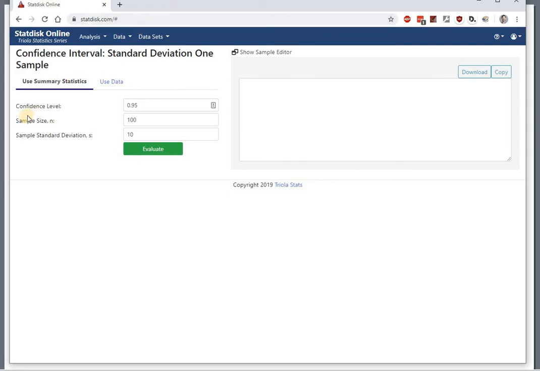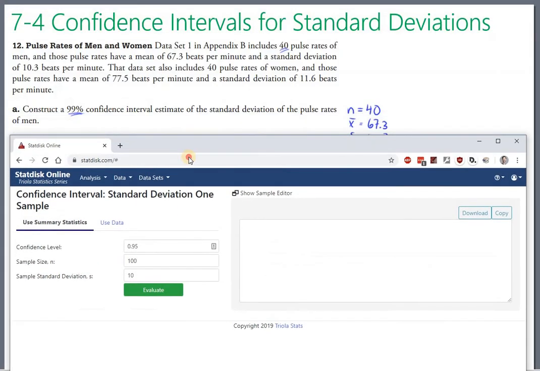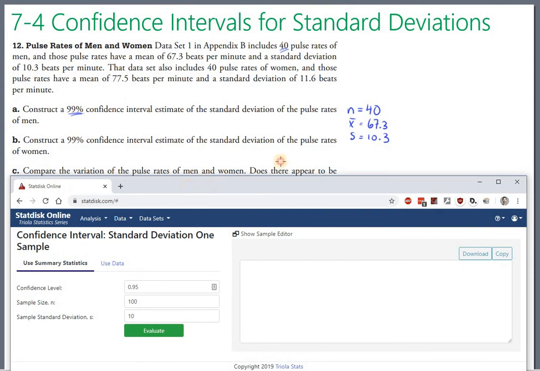But look what they're asking for. Confidence level, sample size, sample standard deviation. Notice what they're not asking for. They are not asking for the mean, the x bar, which kind of makes sense, right? We're not estimating the mean. We're estimating the standard deviation. So maybe we don't need to know the mean. We just need to know the standard deviation.